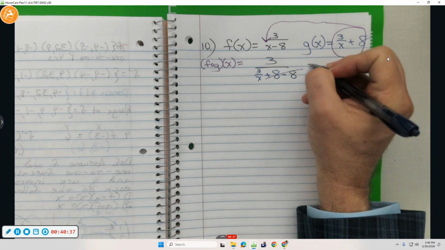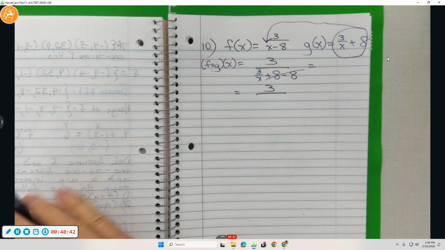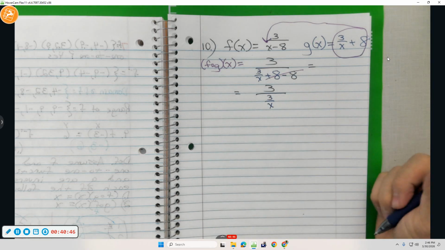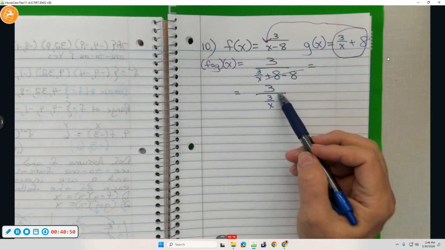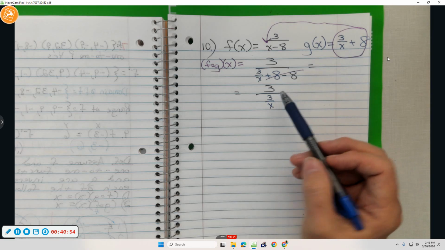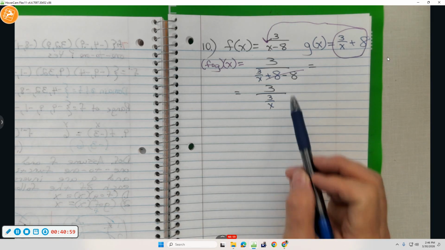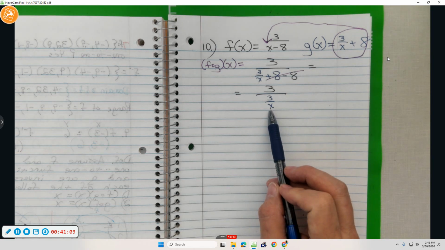So we have 3 over the fraction 3 over x. These are called compound fractions, a fraction that contains one or more additional fractions. This big fraction bar is the major fraction bar. Any other remaining fractions that appear are the minor fractions.